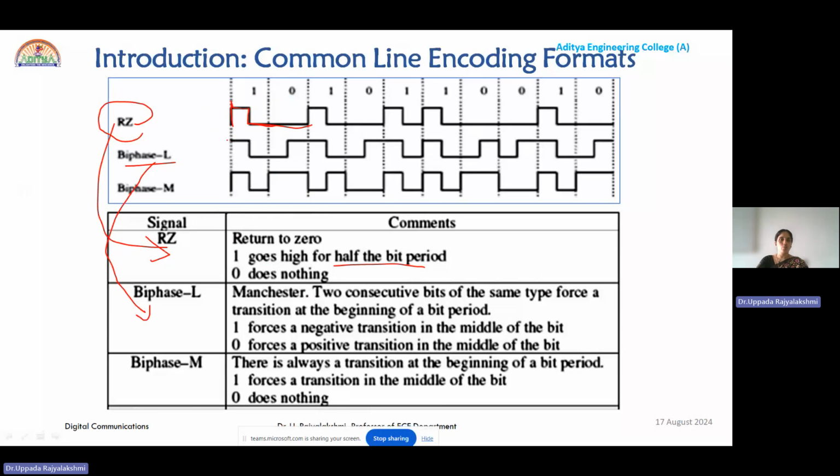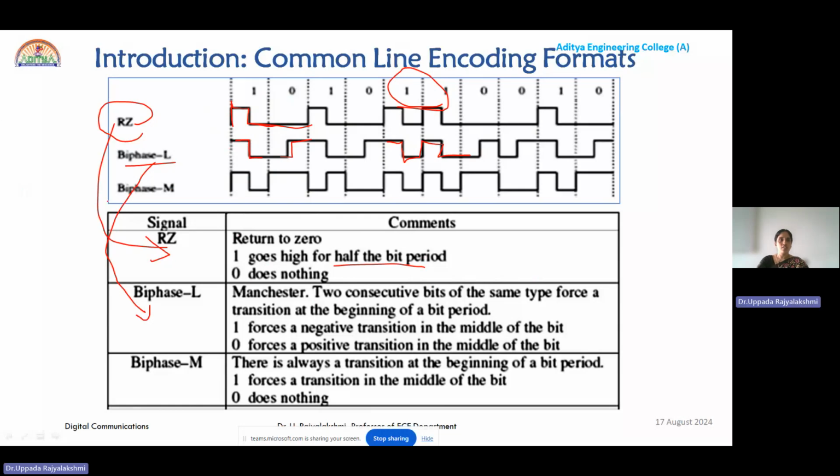For one you will have a negative transition in the middle, and for zero you will have a positive transition. Whenever you have two consecutive bits of the same type, there will be a transition at the beginning of the bit period. Otherwise, there is no transition at the beginning of the bit period.